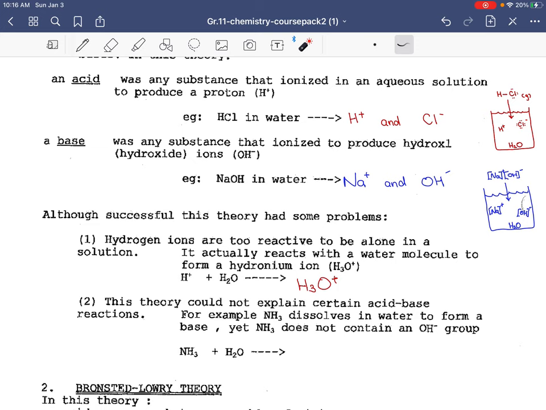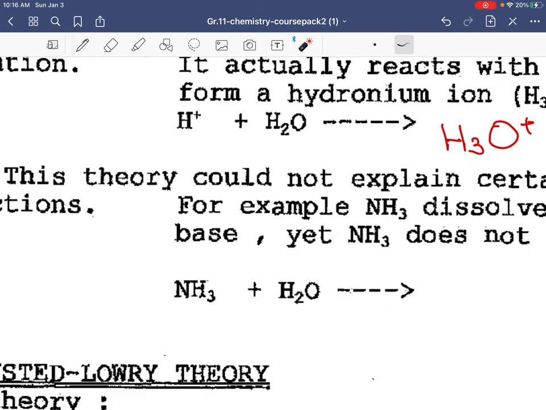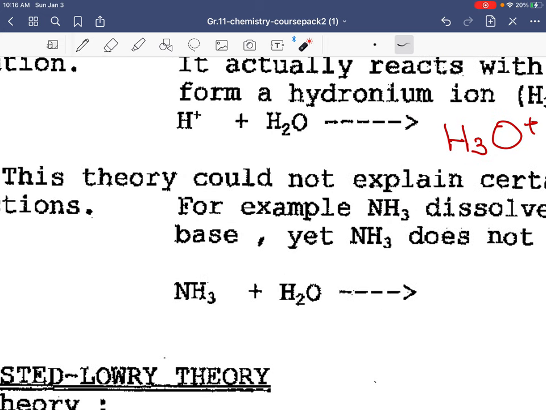Now somebody told Arrhenius, you said that all bases create OH minus. Well, I have this base right here called NH3, ammonia. How does ammonia be basic when it doesn't have an oxygen to create OH with?